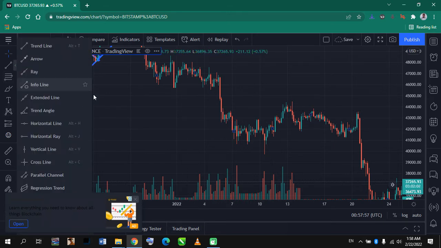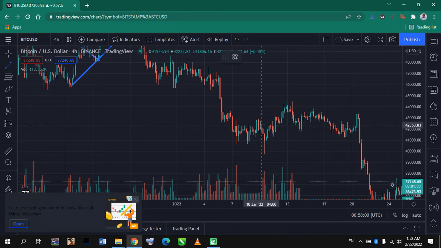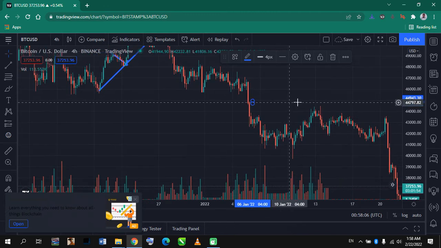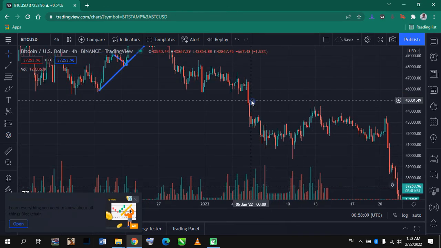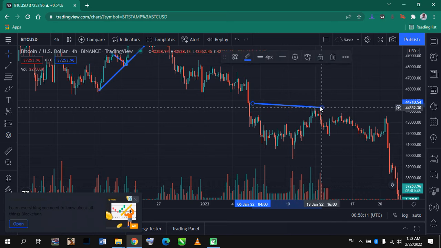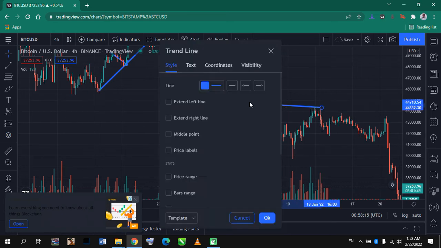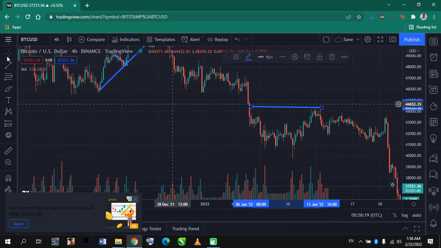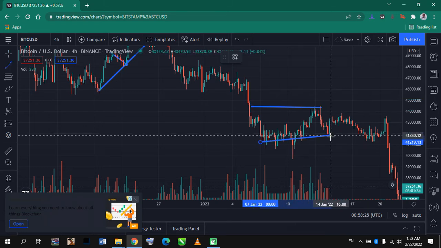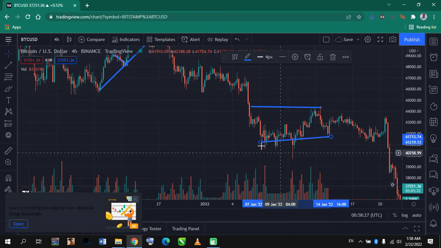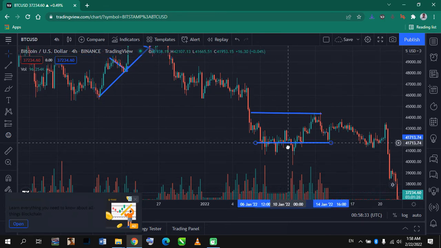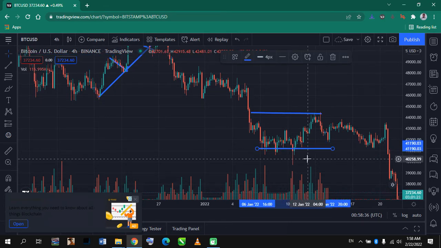Let me give an example of the range. So I'm picking up a trend line. You can see that this is a range from this place to this place. This is a range. Currently I'm on a 4 hours time frame.